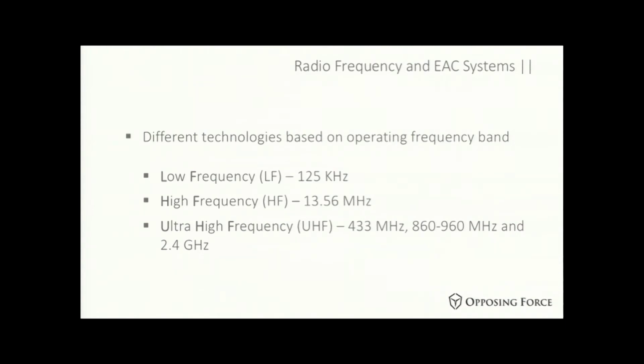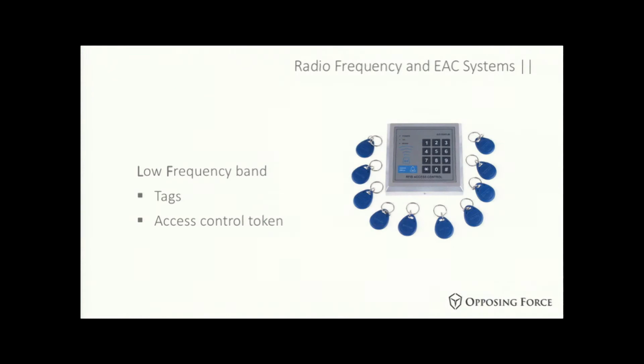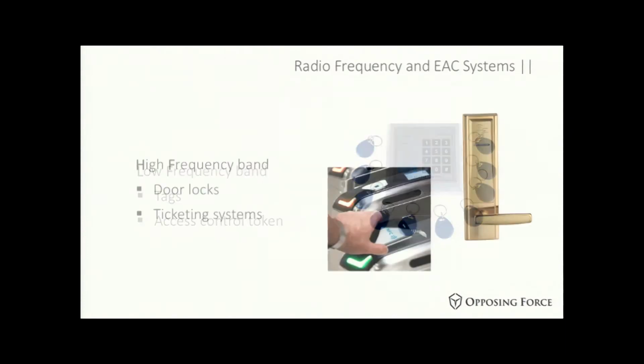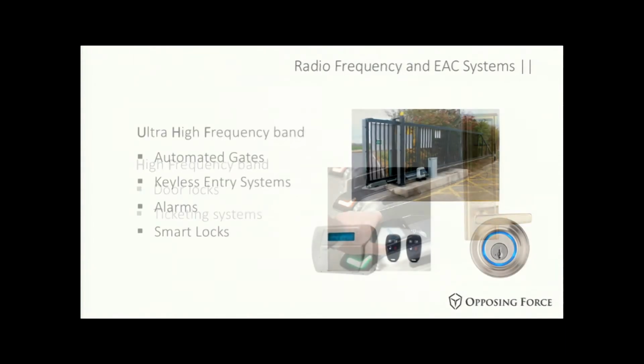Usually when we speak about radio frequency communication, we have ultra high frequency, so 433 megahertz, 860 megahertz, or 2.4 gigahertz, like Bluetooth, Wi-Fi, whatever. Low frequency is usually used for tags or very old access control systems. High frequency is used for locks, for ticketing, and for more modern access control systems, as we saw before.